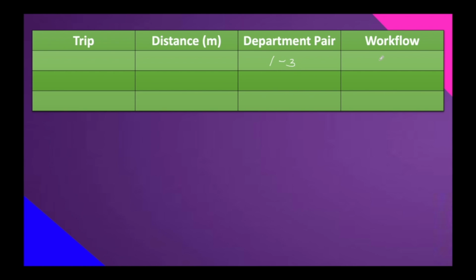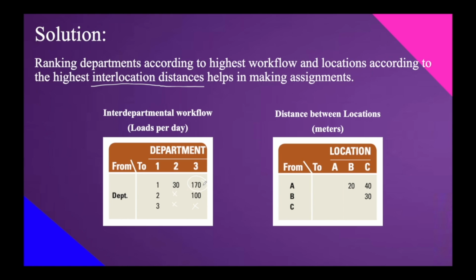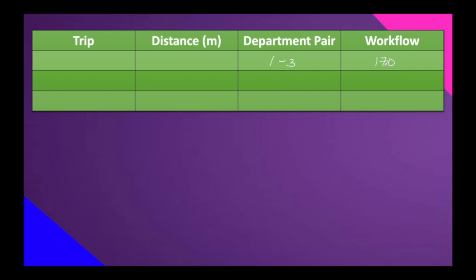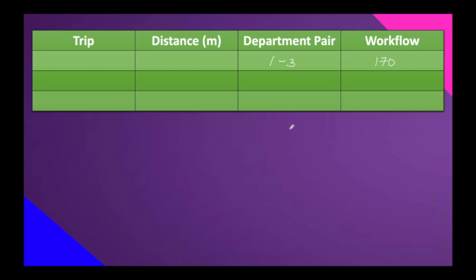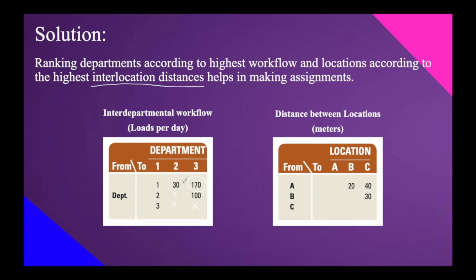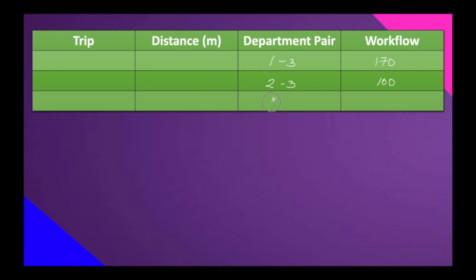Workflow is 170 loads per day. And next, based on this table, we have 100 as the second one, 2 to 3. And next, we have 30 here, 1 to 2, department 1 to department 2. That is 30 workflow. We are just ranking them, guys.